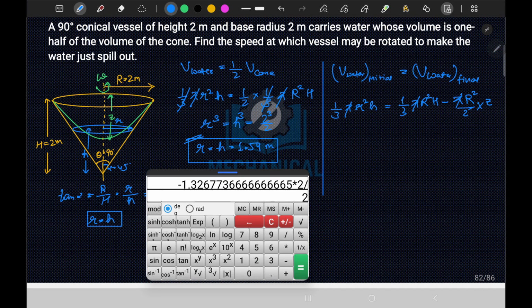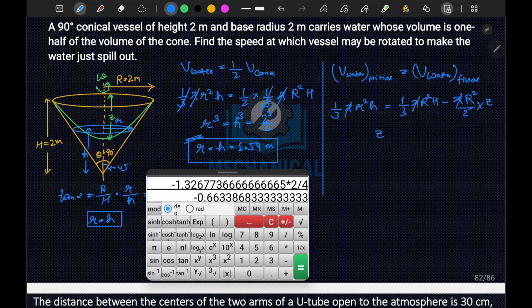And r square is equal to 2 square, that is 4. So from here we have obtained z is equal to 0.663 meter.